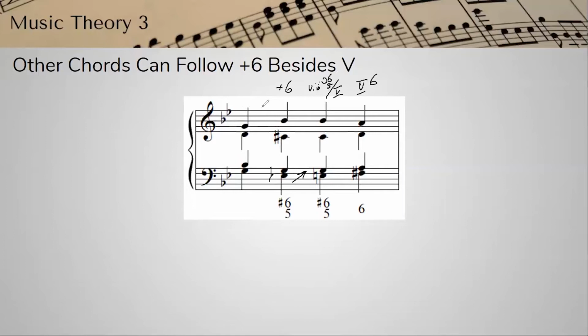So here we have an augmented sixth chord not followed by 5, but followed by a secondary function of 5. And that's the most common thing that will follow augmented sixth besides a dominant harmony, right? It will usually be some kind of secondary function of 5. Again, extending the amount of time that we use to get to the 5 chord.